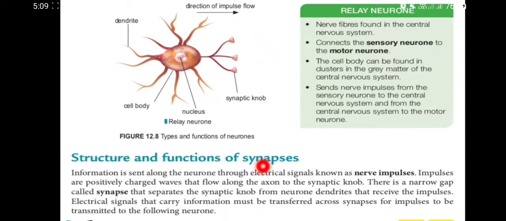Dia separate synaptic node daripada dendrites neuron yang seterusnya. So nerve impulses itu kena pass through the synapse supaya dia boleh transfer from one neuron to the following neuron. So bagaimana cara nerve impulses ini akan pass through the synapses?